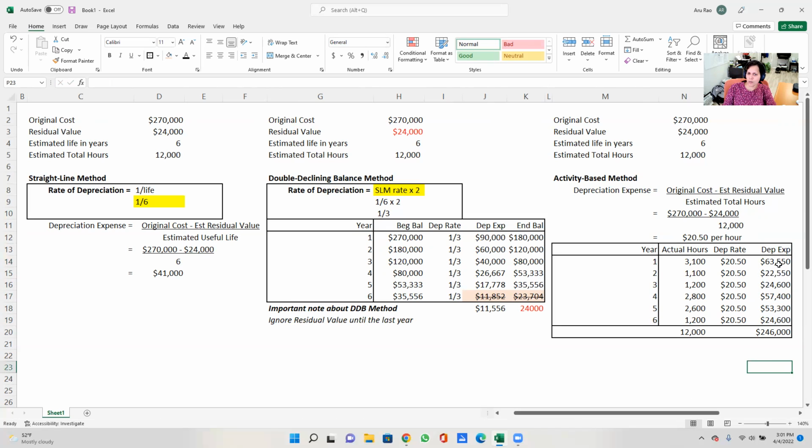So the depreciation expense is given over here. So once again, when you're creating your schedule, the final numbers that we're looking for: depreciation expense for straight line method, 41,000 for all 6 years. Depreciation expense for the double declining balance method, you need to go to this column to get the numbers. And for the activity-based method, we have the information over here.